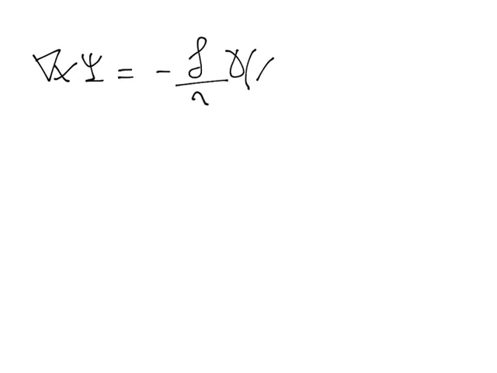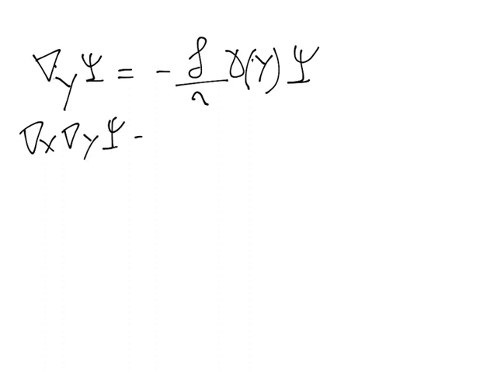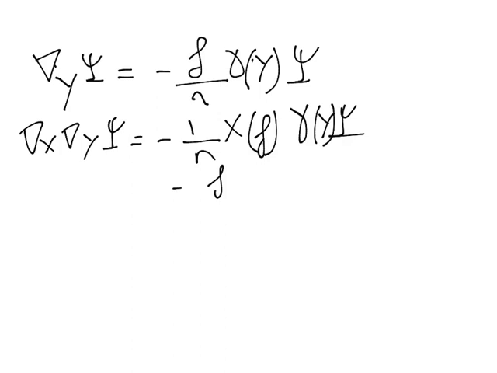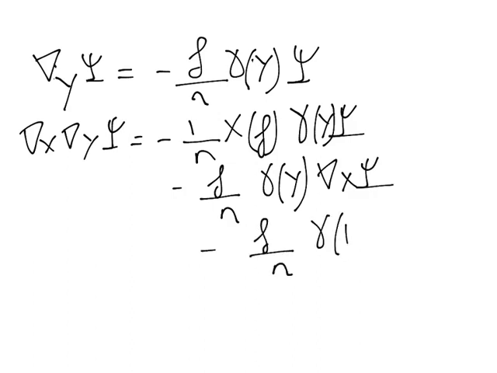Because psi satisfies nabla x psi equals minus f over n gamma x psi, one can calculate nabla x, nabla y of psi to get minus 1 over n x of f gamma y of psi minus f over n gamma y nabla x psi minus f over n gamma nabla xy of psi.